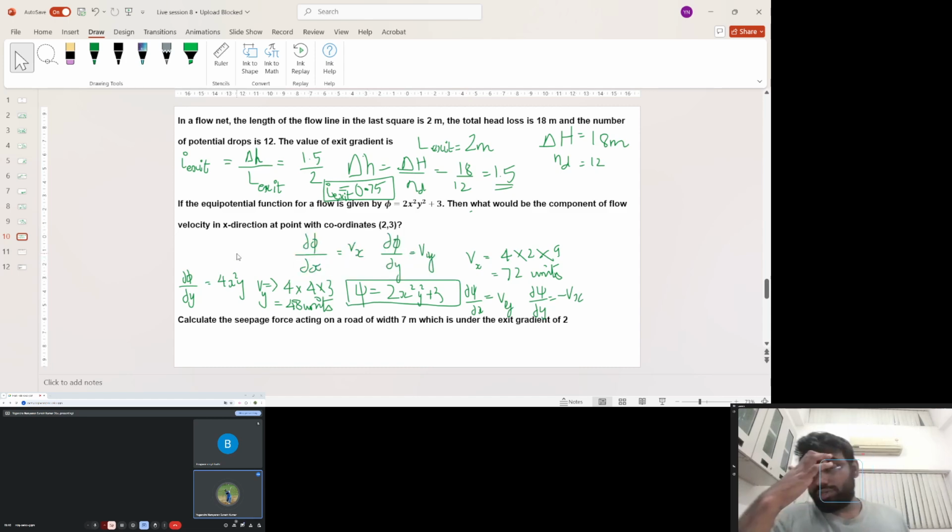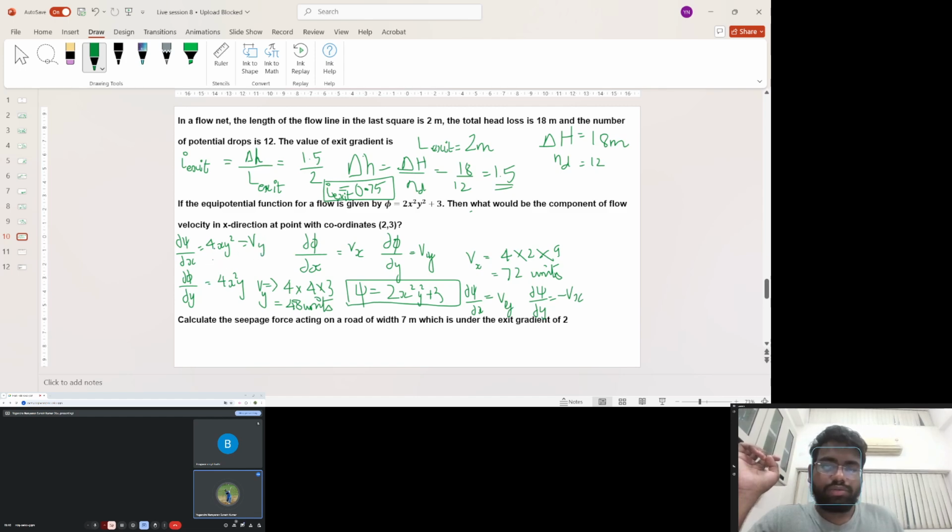Now we will differentiate this with x. So dou psi by dou x will give us the same function, which is 4xy square. That will be Vy in this case.